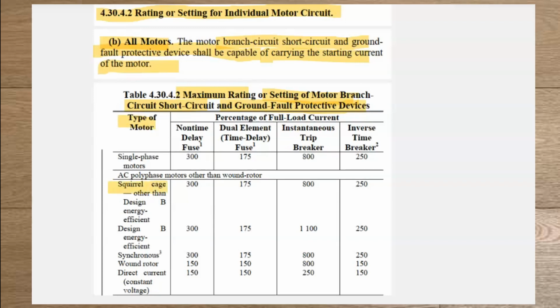And the circuit breaker we're using is inverse time circuit breakers. So when you use this inverse time circuit breaker, your multiplier should be 250%. So let's use this value to size up our ground fault protective devices.